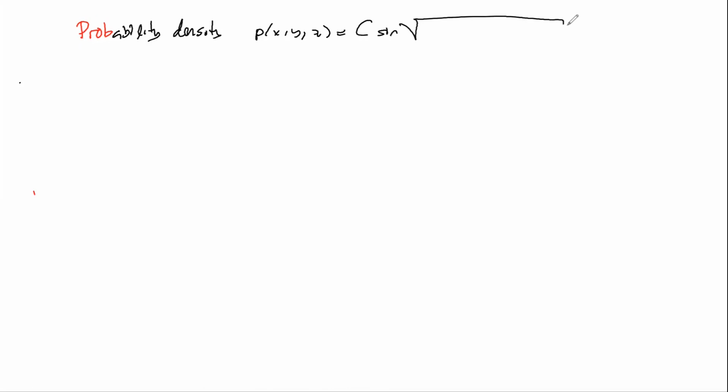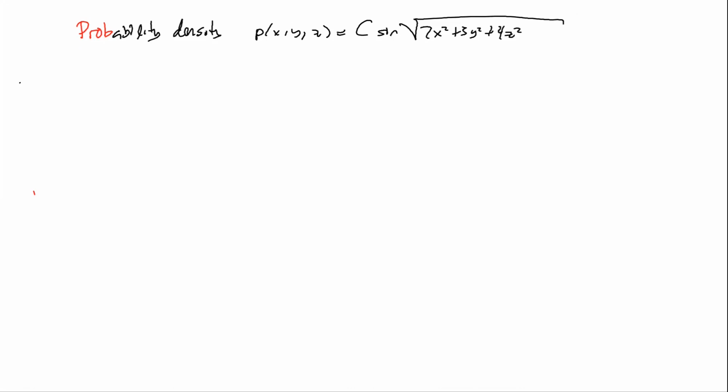It said if you have a probability density of the form P(x,y,z) equals C sine of this expression, it was something like 2x squared plus 3y squared plus 4z squared.